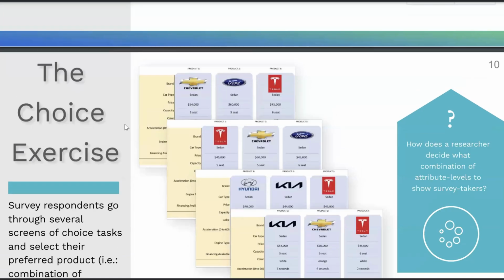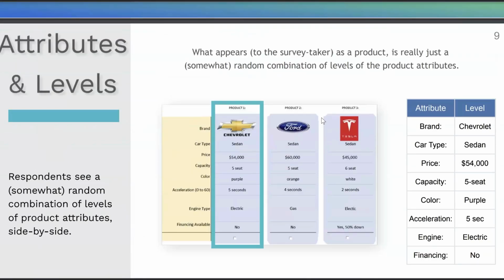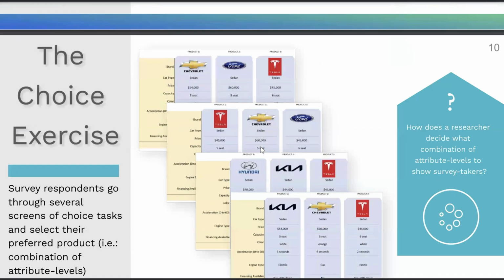And this example here is a choice task. The respondent's task is to select the product that they would prefer. They see quite a few of these in a regular survey, anywhere between 8 to 10. That is called the choice exercise.